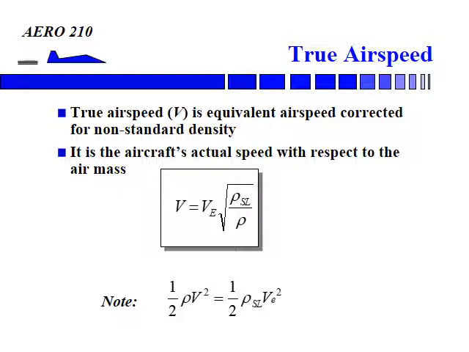So once we know equivalent airspeed, in order to get true airspeed, we have to multiply by the square root of the density ratio. And if you remember that true airspeed is always higher than equivalent airspeed, you can easily remember that in that radical sign, the density has to go on top. The sea level density has to go on top, because it'll always be greater than the density at higher altitudes in the standard atmosphere.